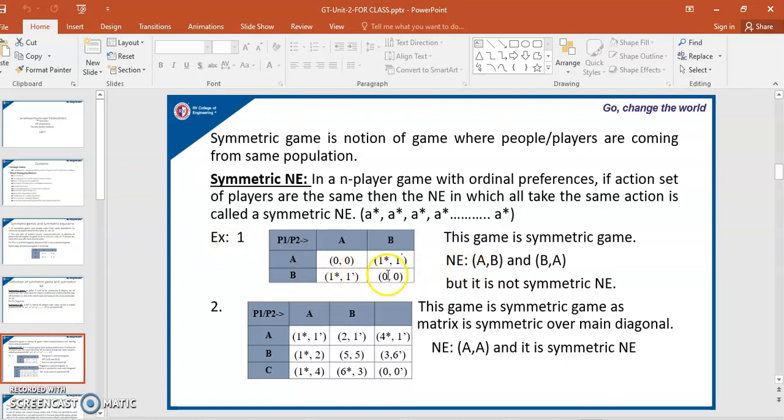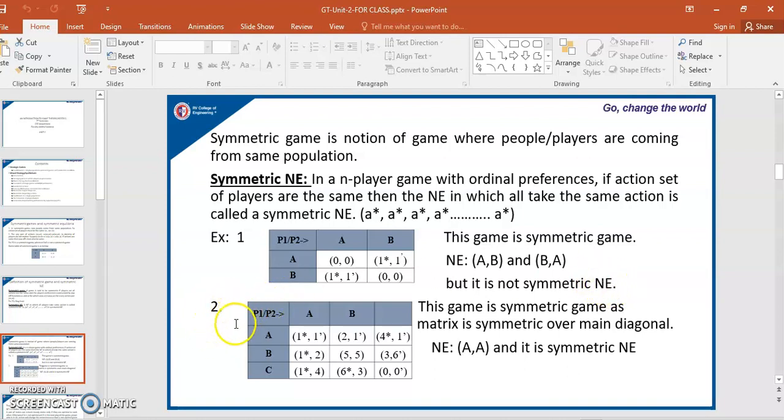Here the game is symmetric since the game table, if you observe, is symmetric about the main diagonal, and if you apply best response to find the Nash equilibria, you can observe here that AB and BA are the Nash equilibria. Since in this Nash equilibrium the actions are not the same, this is not a symmetric Nash equilibrium.